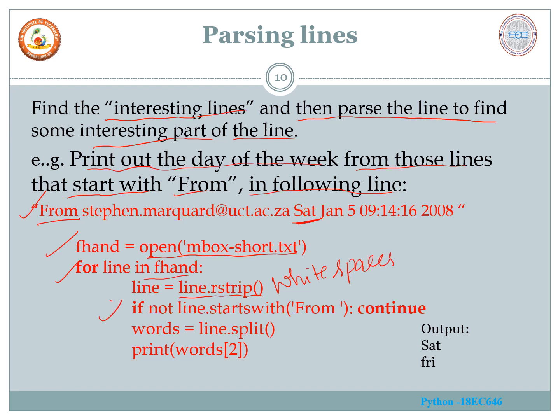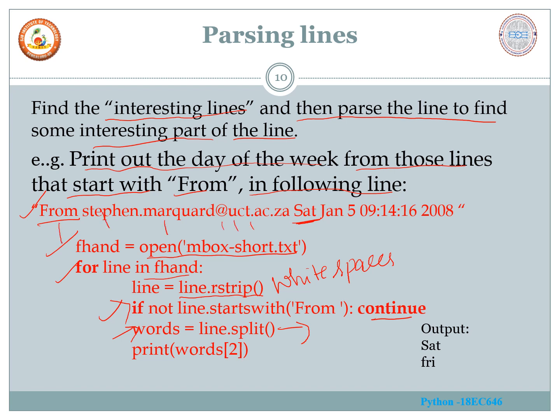Next you check if not line.startswith From, then it will continue with the next line. If the line is starting with From, then words is equal to line.split. You are going to split the entire line.